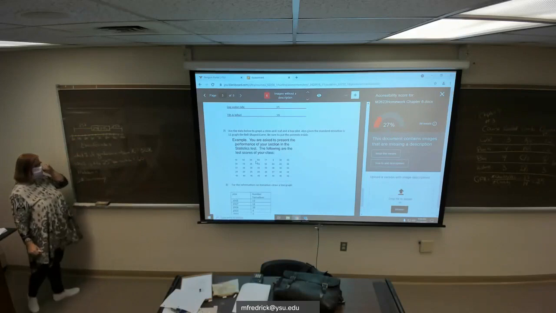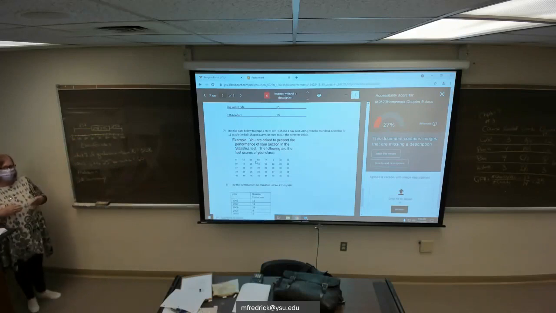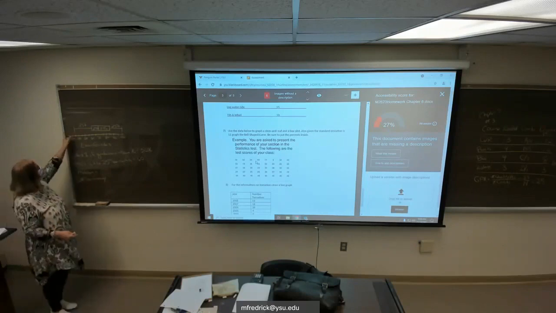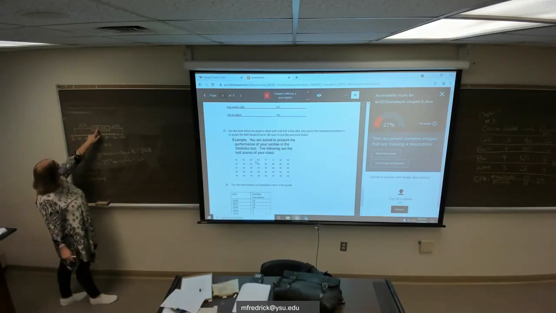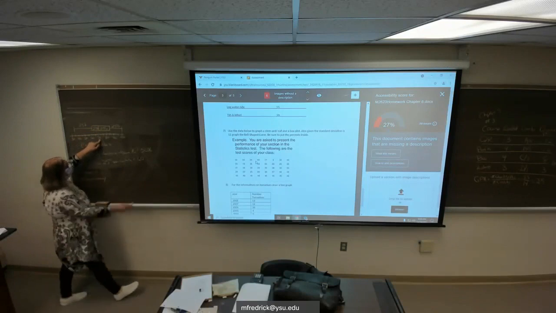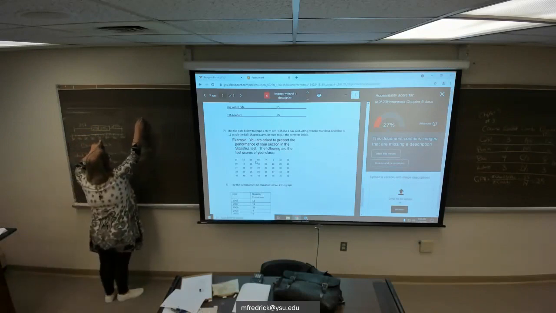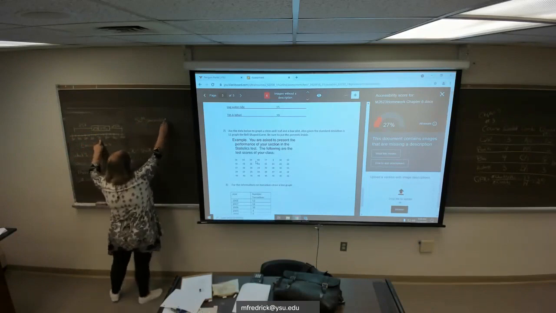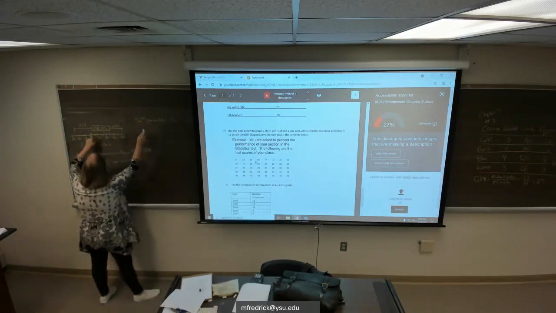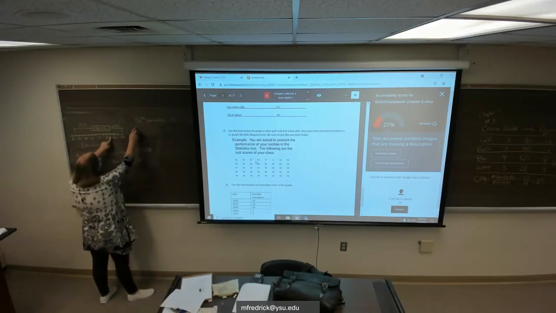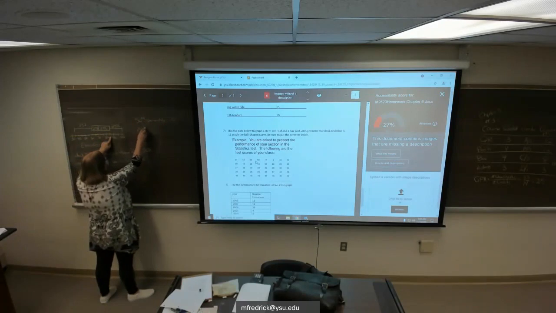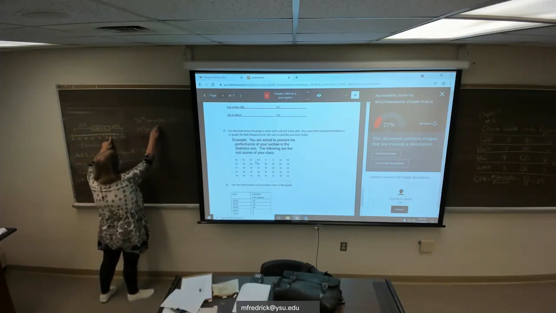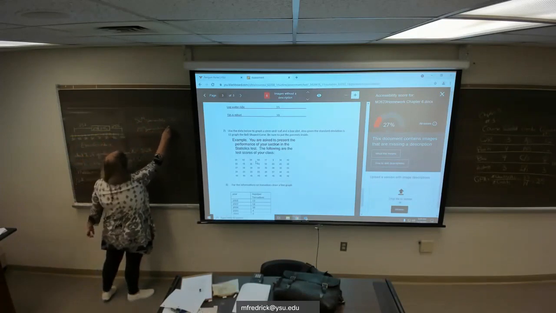So I could ask you, it would only be able to be 25, 50, 75, because box plots go in quarters. So the 50th percentile would be 70. The 75th percentile would be 85.